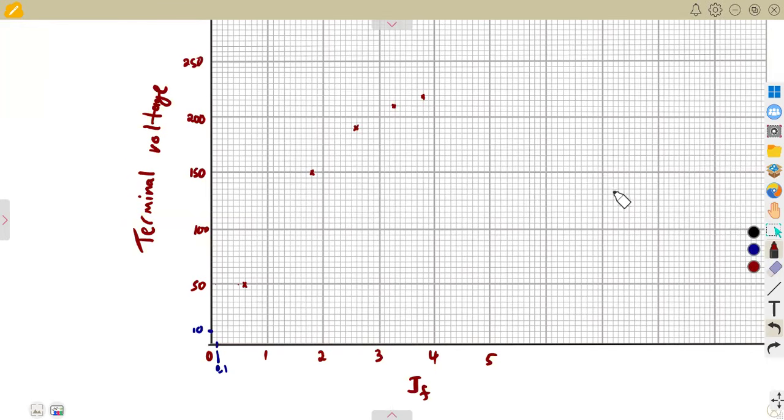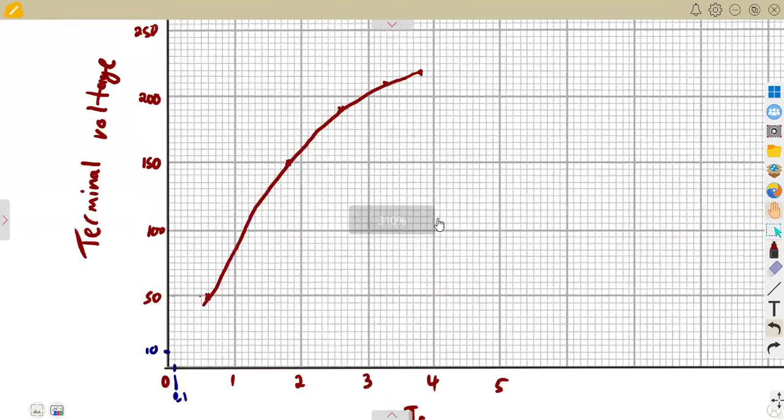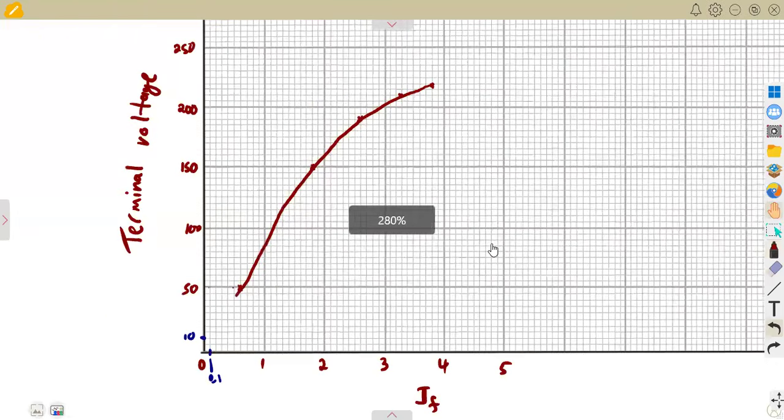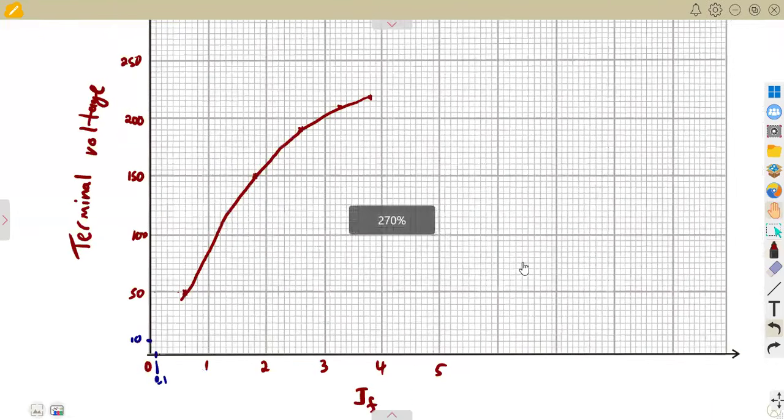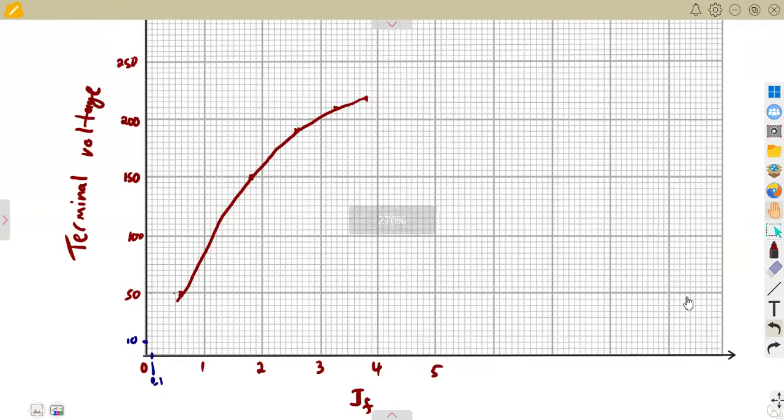Like I said, this is supposed to be smooth. Something like this is what you're going to have at the end. But guys, yours is supposed to be smoother than the one that I'm having here.